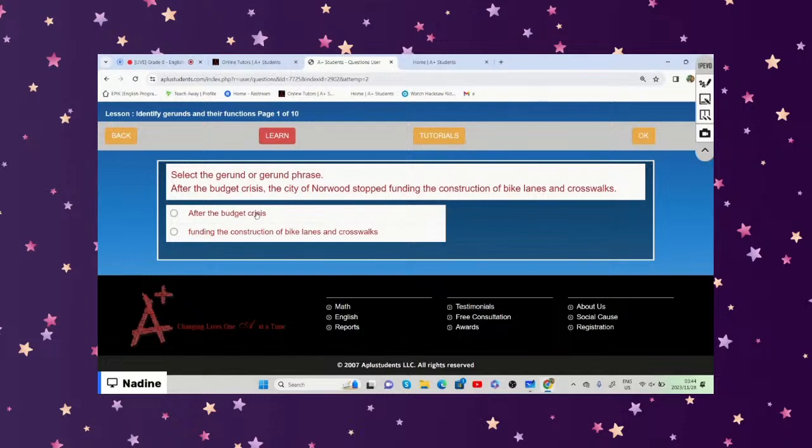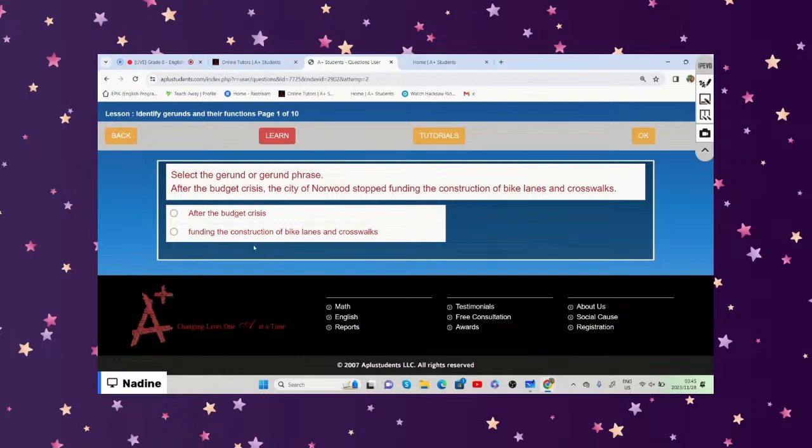Is it after the budget crisis or funding the construction of bike lanes and crossroads? So which one is the correct one? After the budget crisis or funding the construction of bike lanes and crossroads.